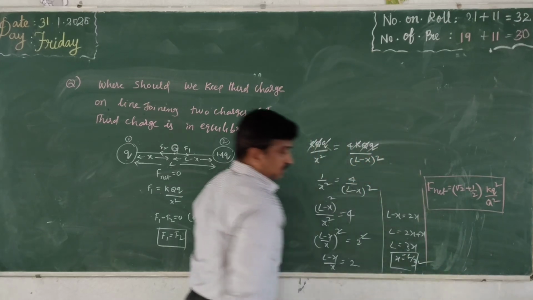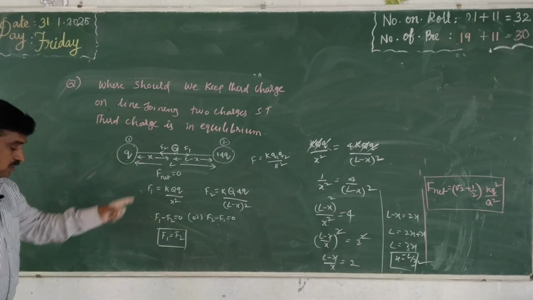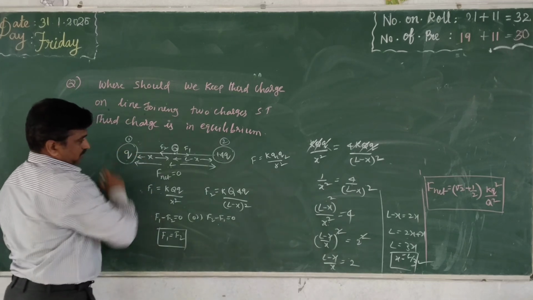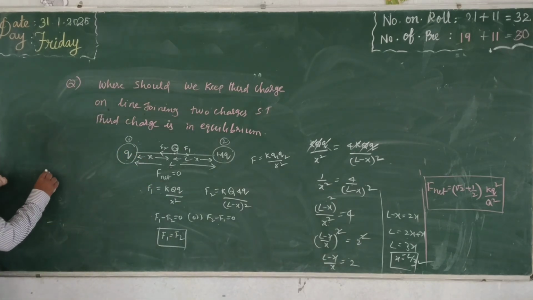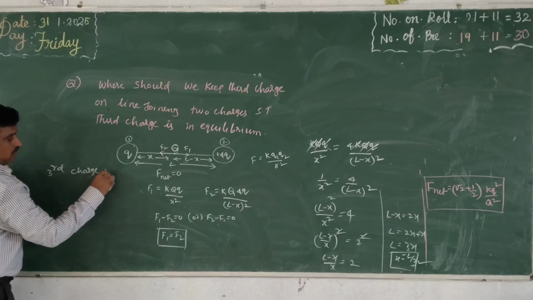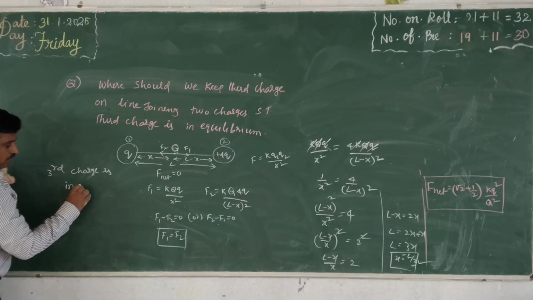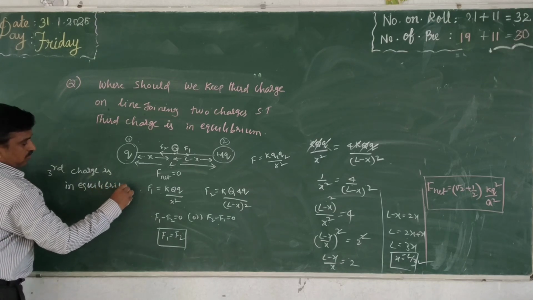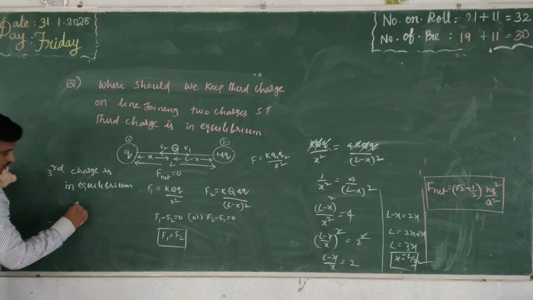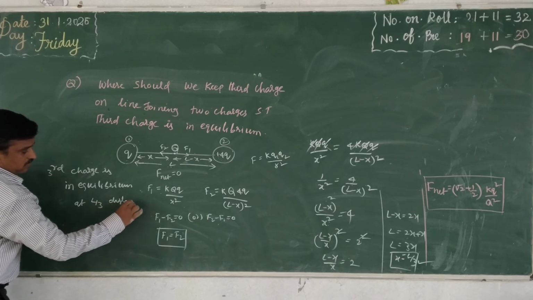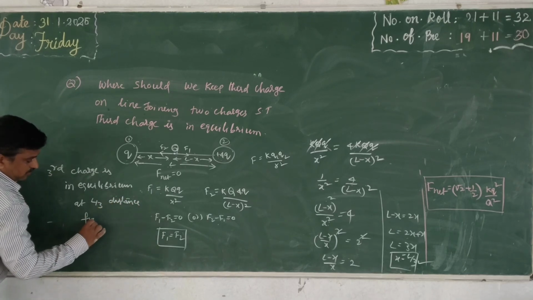What is the distance now? At what distance is the third charge in equilibrium? At L by 3 distance from the smaller charge.